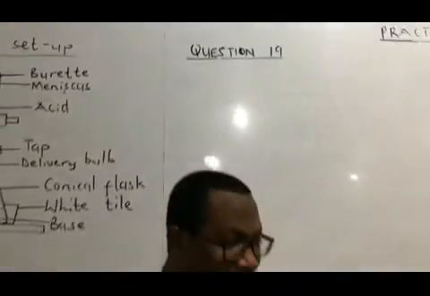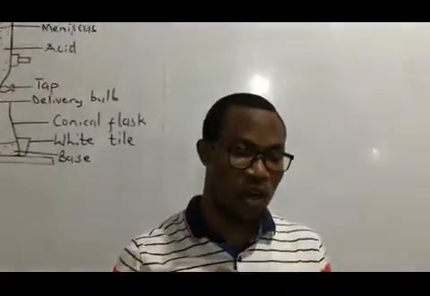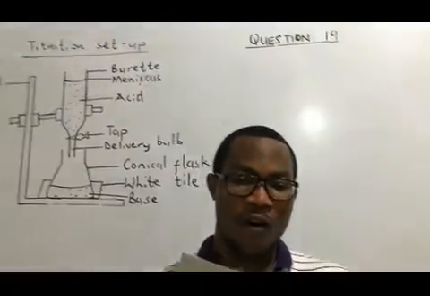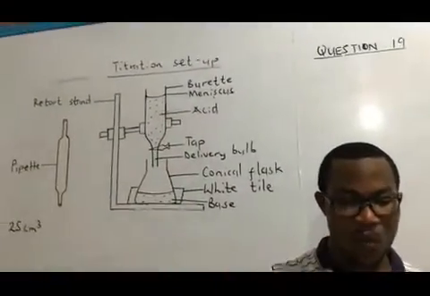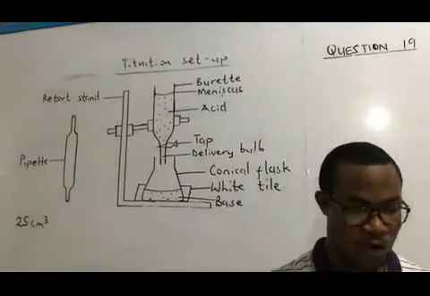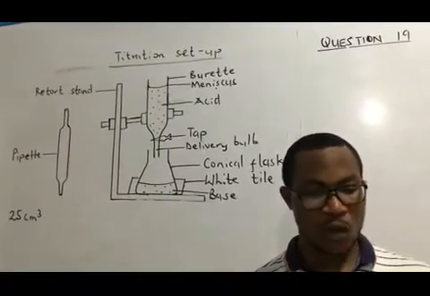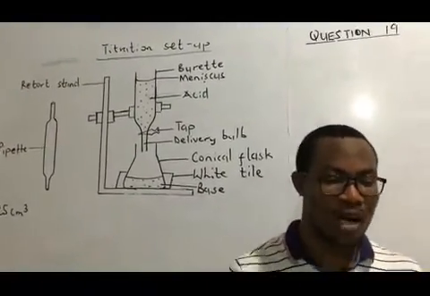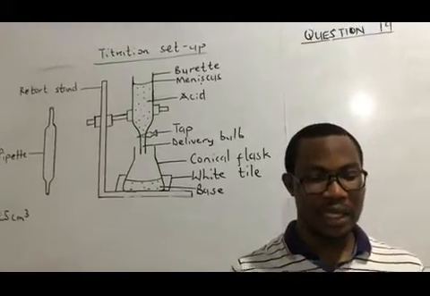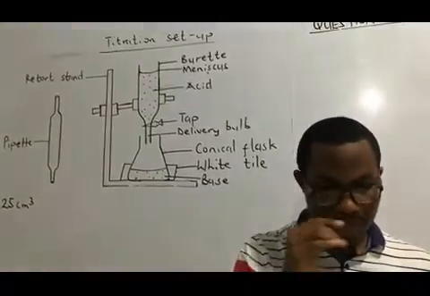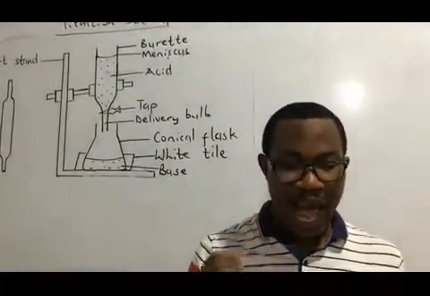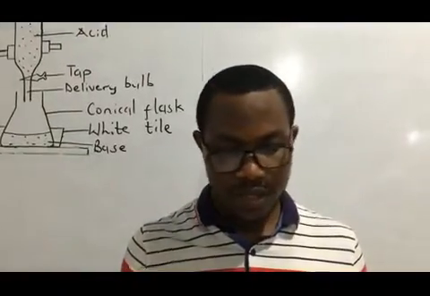It says that the figure is an illustration of a setup for carrying out an experimental process in the laboratory. Dilute hydrochloric acid and sodium hydroxide solutions were used in the experiment. It says study the figure carefully and answer the questions that follow.